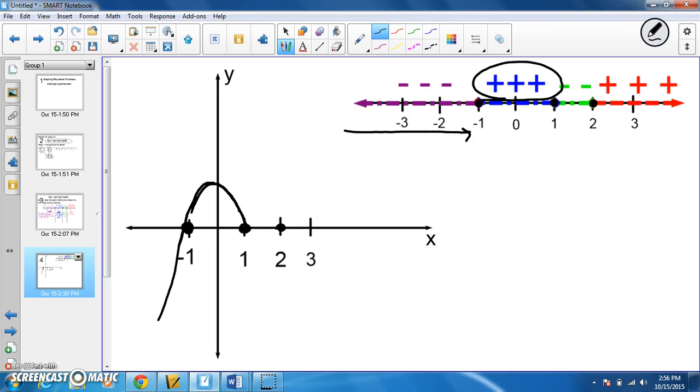At some point up there, between negative 1 and 1, we need to turn back around and go to 1, because then from 1 to 2, we are negative. Then from 2 to infinity, we are positive. So we have sketched the graph of our polynomial function.